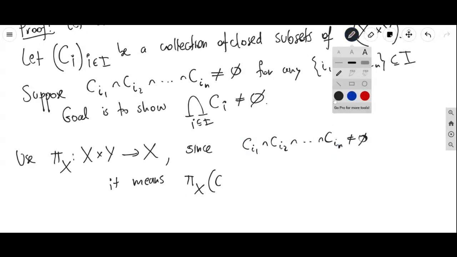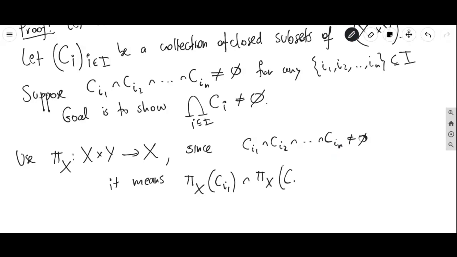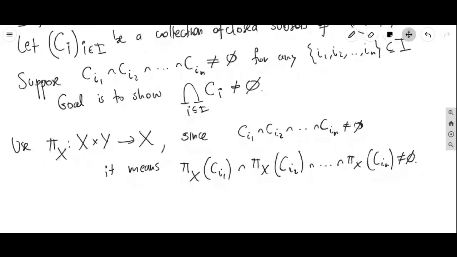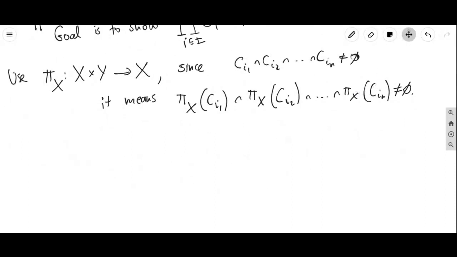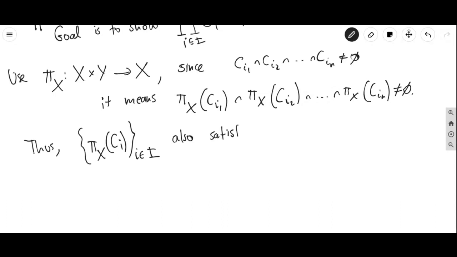So you take the push forward and you get pi_X(C_I1) intersect pi_X(C_I2) through pi_X(C_IN). This is non-empty. So what's the implication? Thus, the collection of closed sets pi_X(C_i), i in I, also satisfies the finite intersection property.